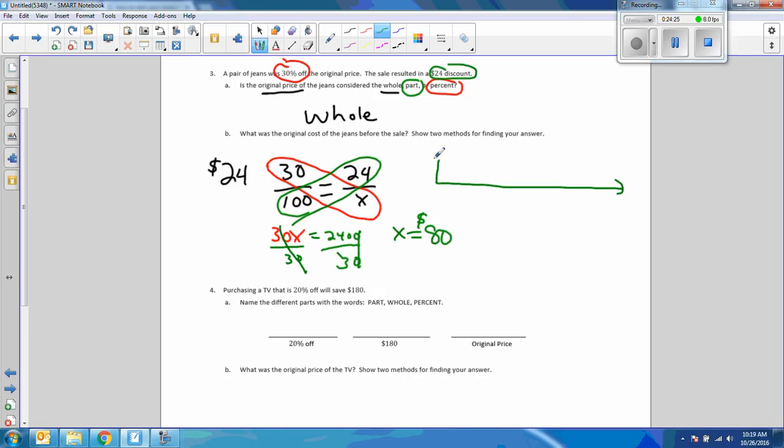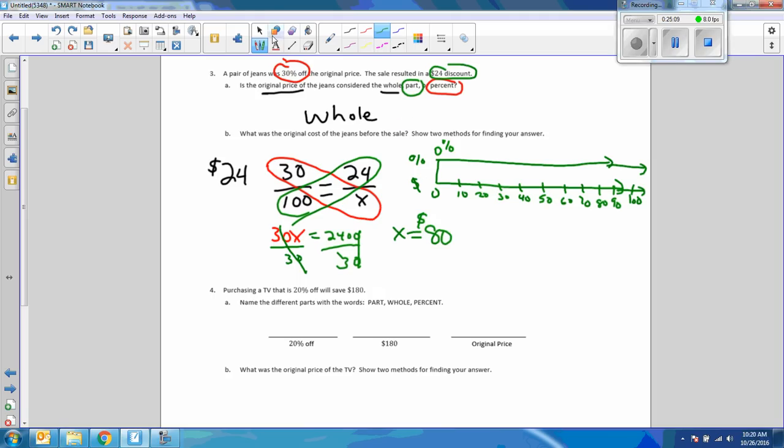So if I do this, 0%, this is percent, this is money, so $0 is 0%. And if we go by tens, okay, drag that out a little further.